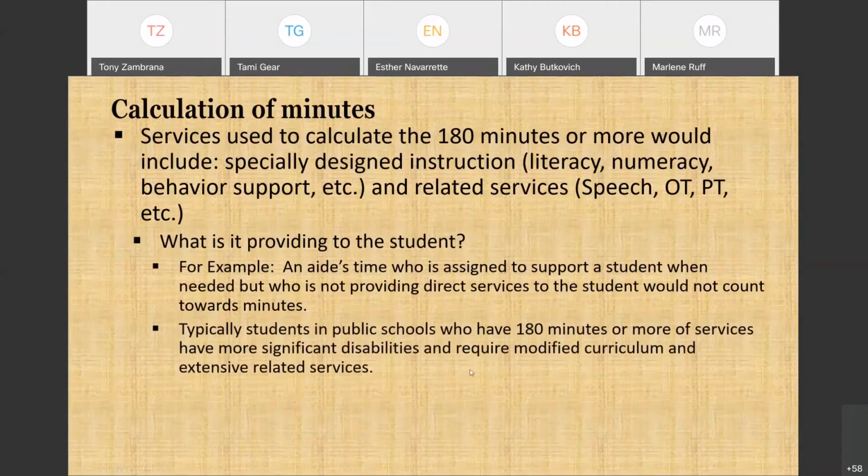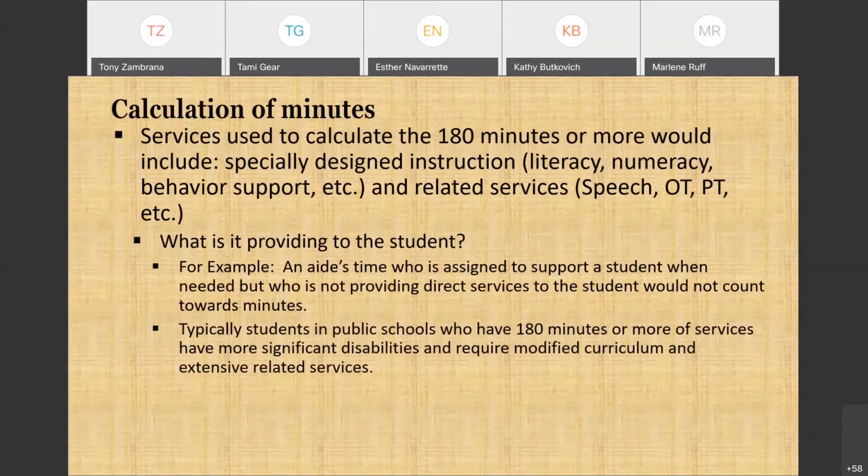Typically students, and this is a big question that comes up, and maybe this will help people understand what that 180 minutes or more means. Typically students in public schools who have 180 minutes or more of services have more significant disabilities and require modified curriculum and extensive related services.